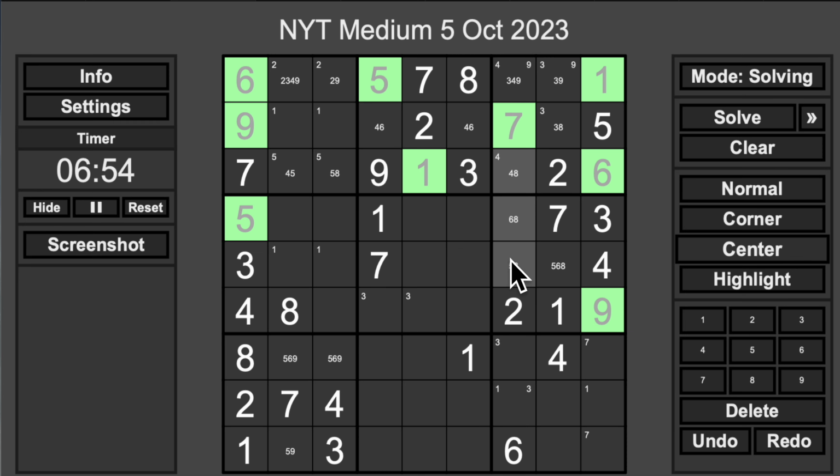Okay, 8 is definitely in one of these. But I don't know enough just yet. These 4s put a 4 down here, but I'll be darned if I remember where, because I don't know enough just yet.